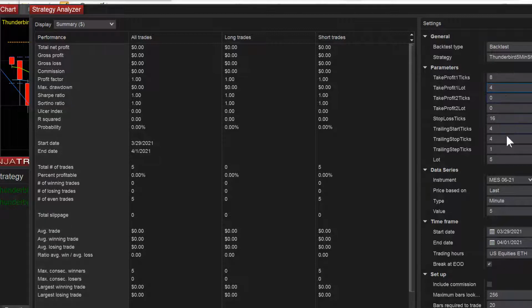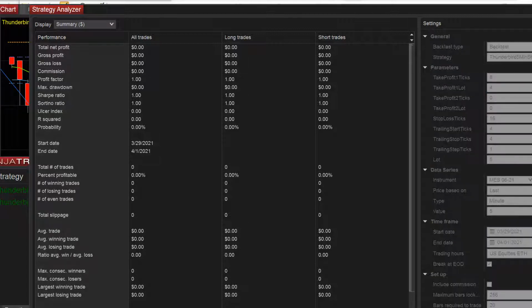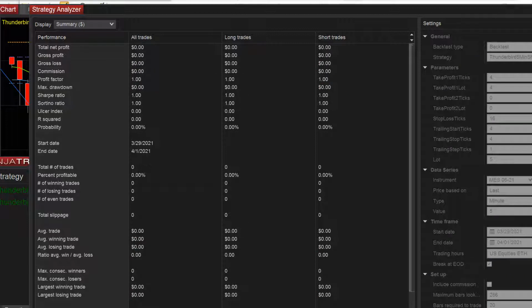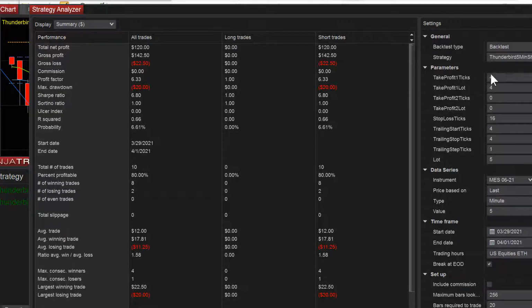Sorry. $100. Oh. Better to get out of Dodge when you can. 120. All right. How many losses? 2. 80%. What happened? What changed?